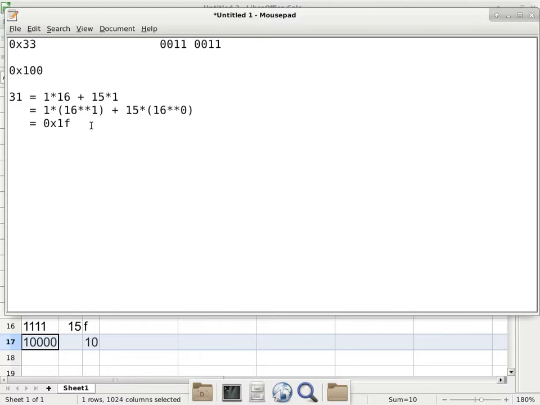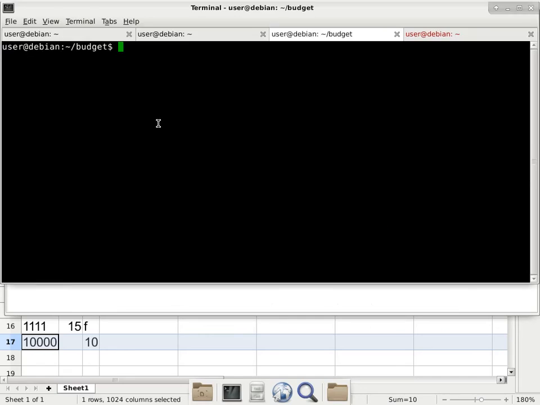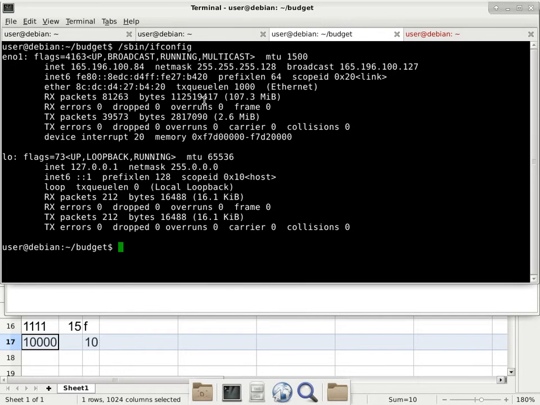And for those of you who mess around with networking a little bit, you might find yourself learning binary numbers and hexadecimal numbers. If I look at a particular network card, and this is a good one right here, this particular number is called the MAC address of a network card.